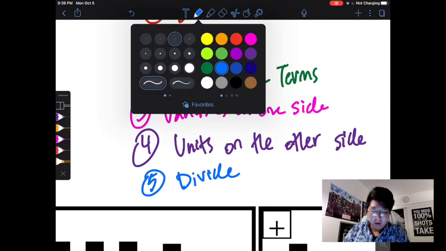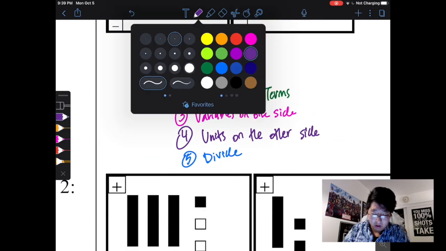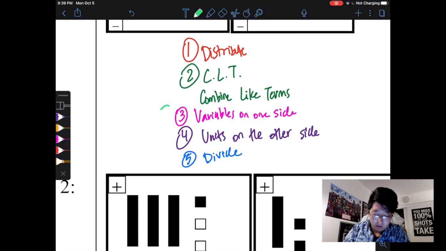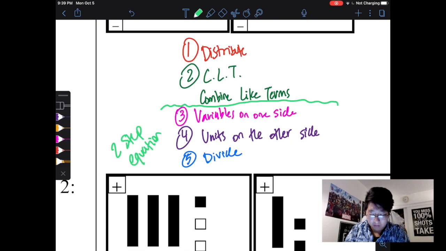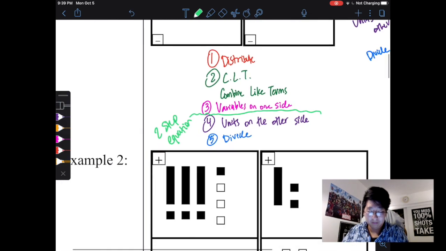Basically, everything below this right here, let's use a color I haven't used, is a two-step equation. Everything below 3 is a two-step equation. Units on the one side and then divide.